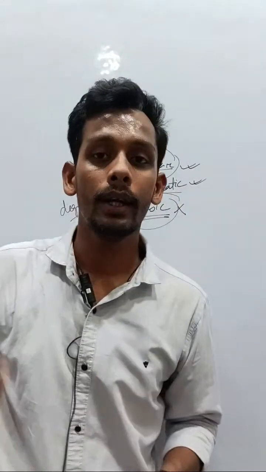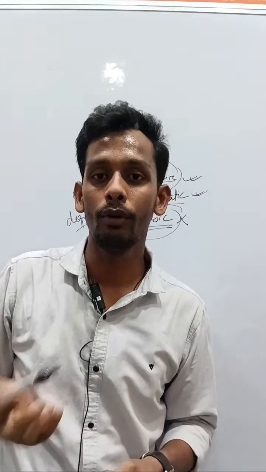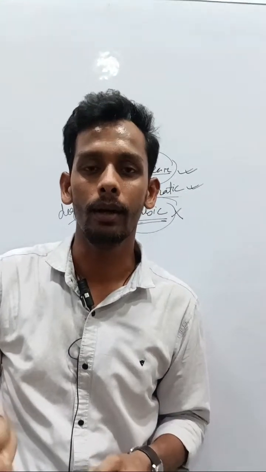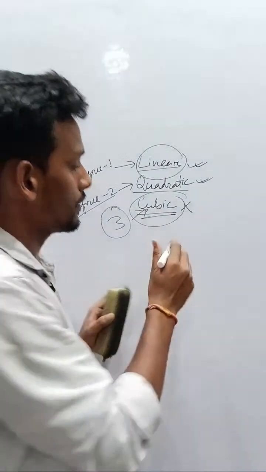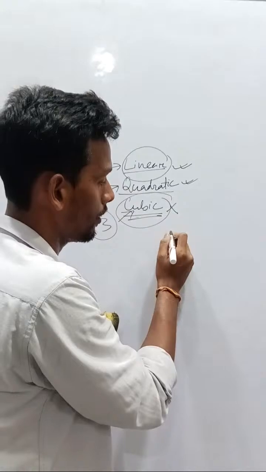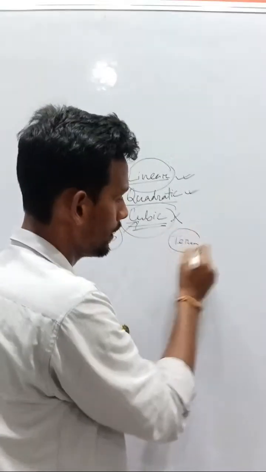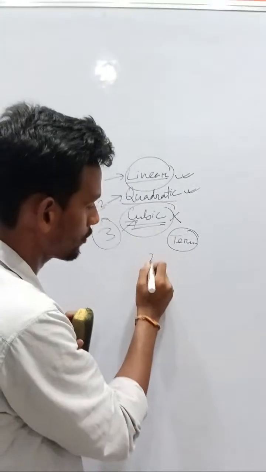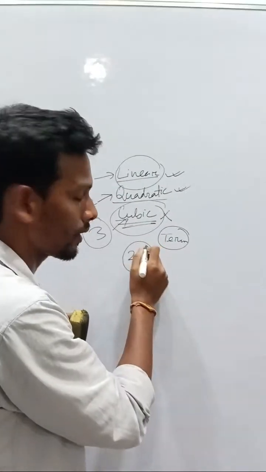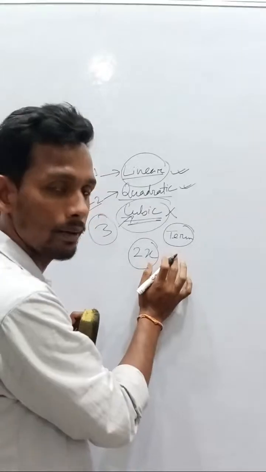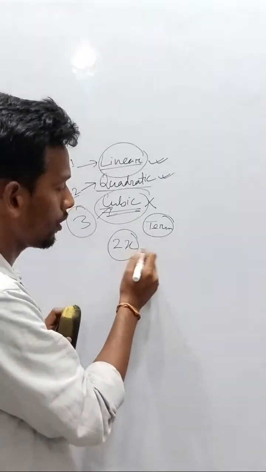Now, there are other parts of polynomial, that is monomials, binomials, trinomials, based on terms. Suppose if in a polynomial one term is there, like 2x, no plus sign, no minus sign, only one term, this is called a monomial.